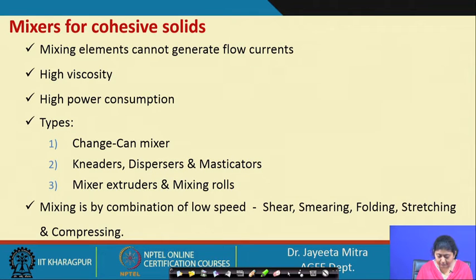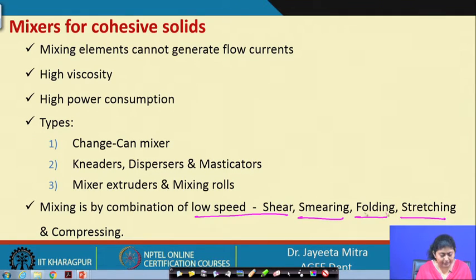So, here we can see that there are many individual actions that are combined in the mixing of cohesive solids.